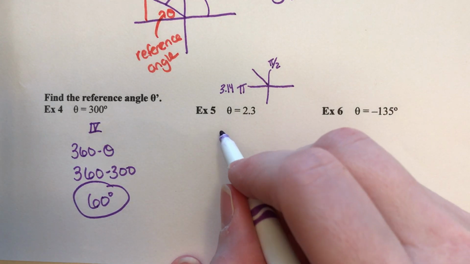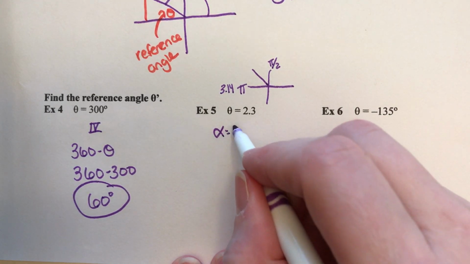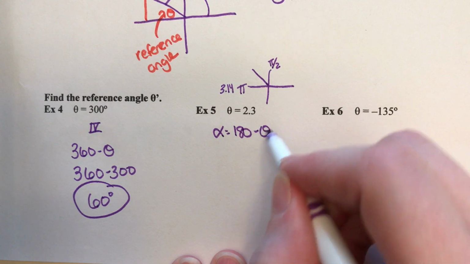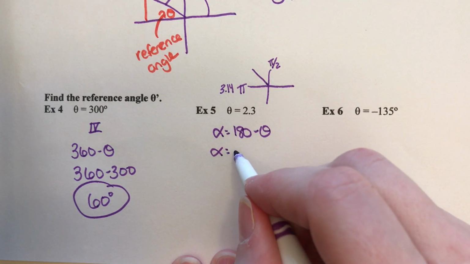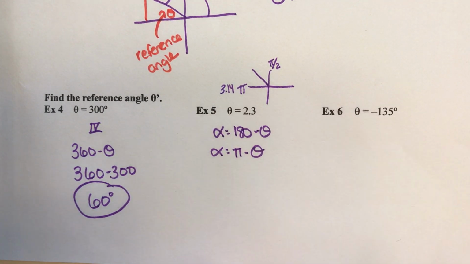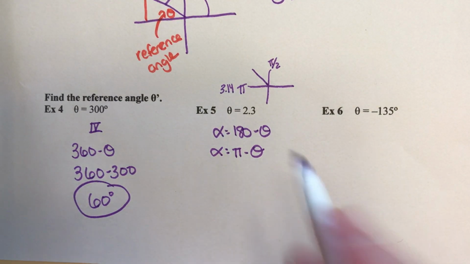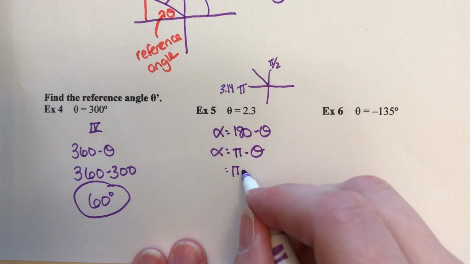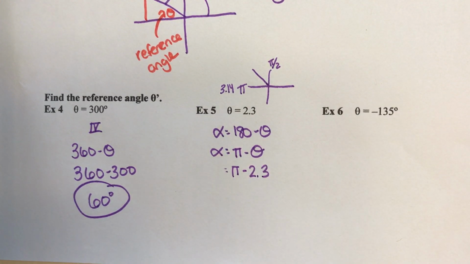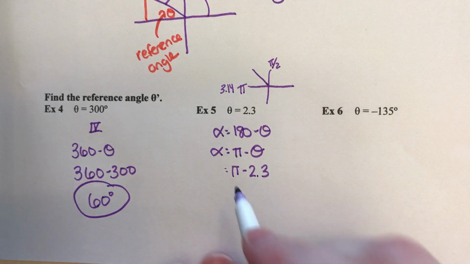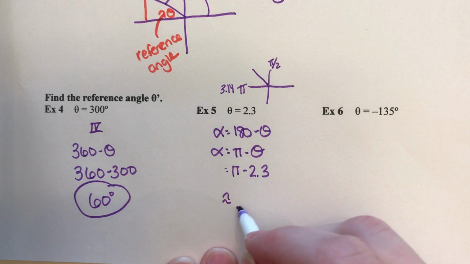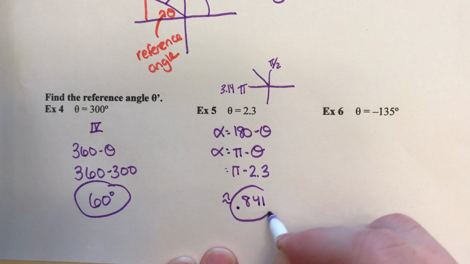So I'm going to use my reference angle, 180 minus theta, but we're going to use radians, so that would be pi minus theta. So we're going to do pi minus 2.3. And we'll round to 3 places. That would be 0.841.